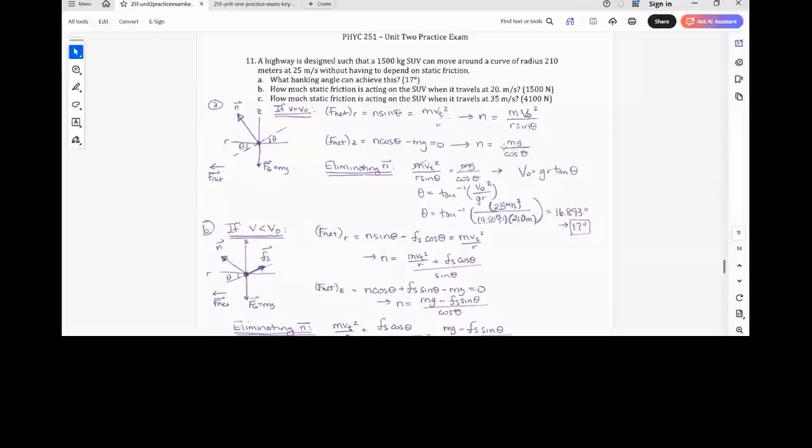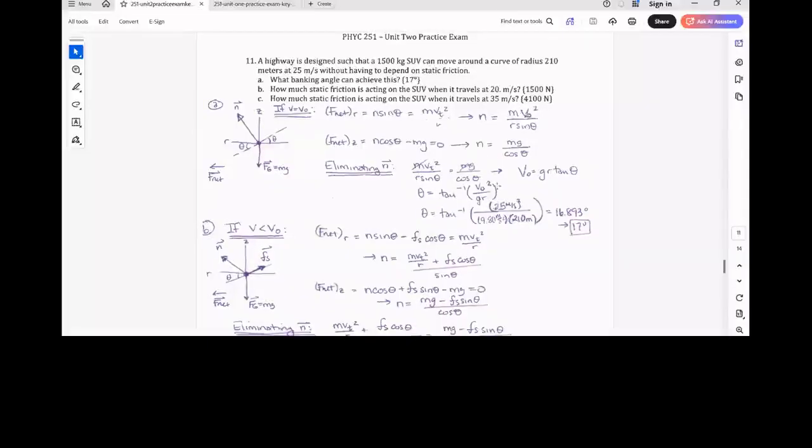And here we end up with a normal force that is not just mg times cosine theta, but mg divided by cosine theta. And again, that's because the entire reasoning behind banking this road surface is so that it makes the normal force acting on this car bigger than what it would be if it was just on a flat surface. So I've got two expressions for n.